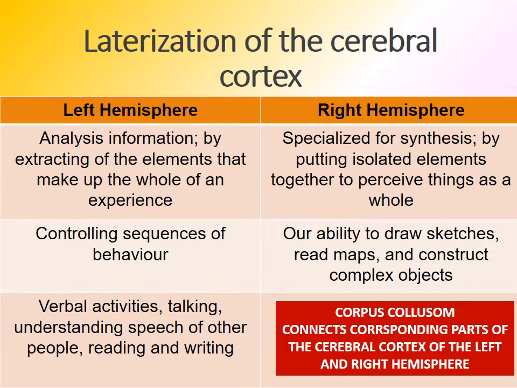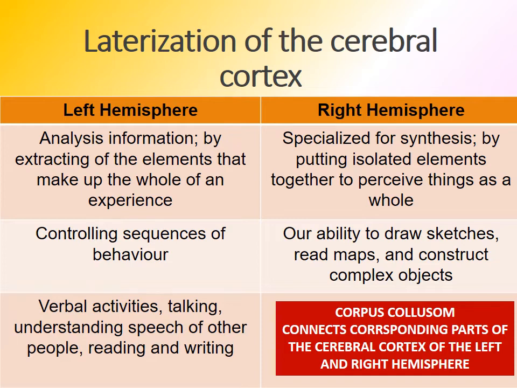It is important to unite both the right and left hemispheres, because these two different functions involve perception and memories. It is made up of a large band of axons that connects corresponding parts of the cerebral cortex of the left and right hemispheres.